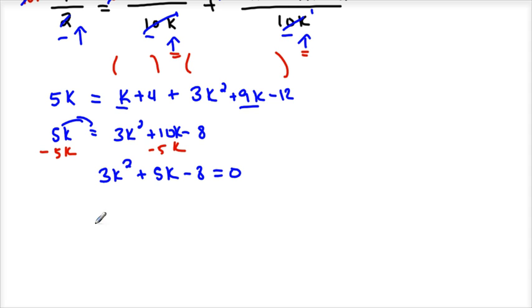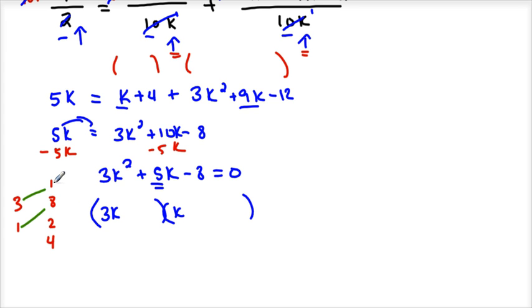So factors of 3k squared are 3k and k. Now factors of 8: if you look at this, your factors are 3 and 1 for k. Factors of 8 are 1 and 8, 2 and 4. So of these factors, is there any way I could get a positive 5k out of here? Well, let's take a look. 3 times 1 is 3, 1 times 8 is 8.